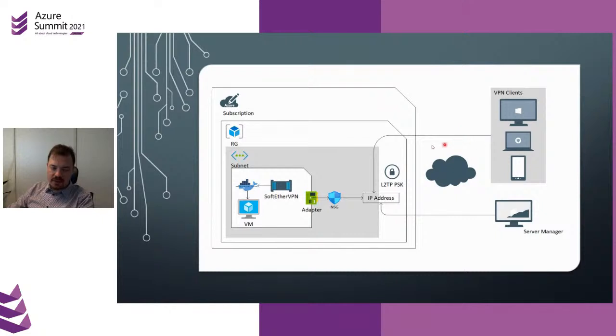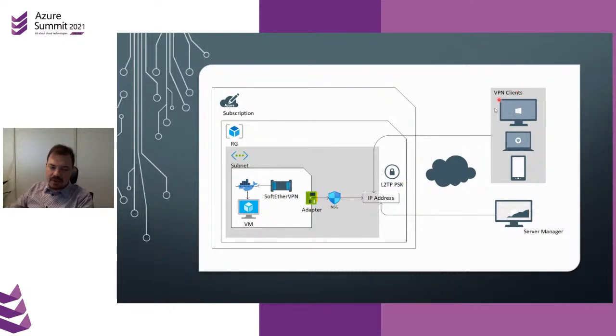So our VPN clients will use the L2TP pre-shared key protocol for that. I have chosen this protocol because of the simplicity, actually, it is simple to set up, and it's pretty secure.